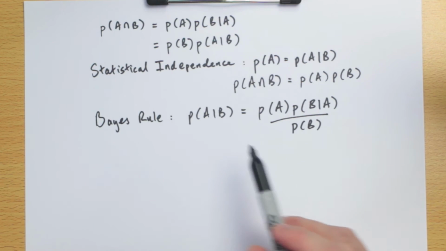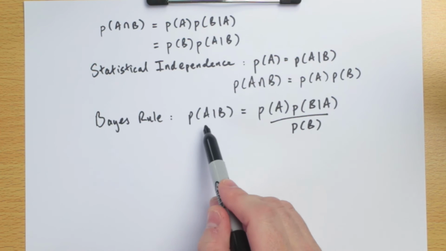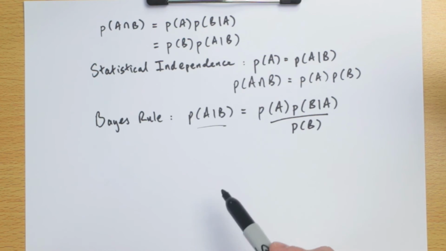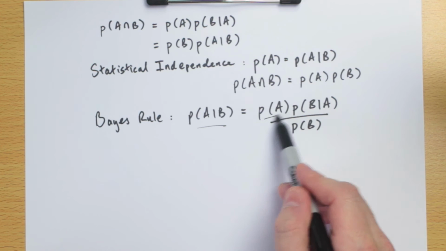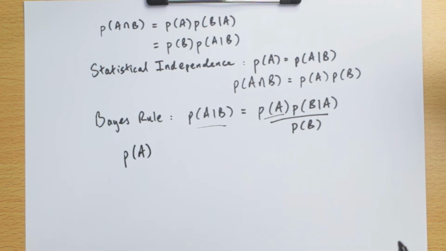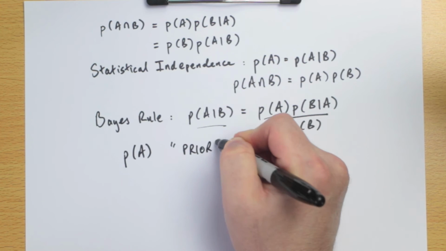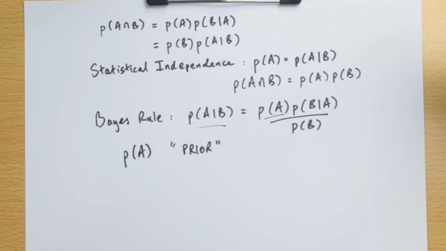Okay, so why is this important? Well, it establishes a connection between beliefs after we receive information and before we receive information. Sometimes the probability of A, just expressed as an unconditional probability, is called a prior. So it's my prior belief, prior to receiving any new information, my belief quantifying the likelihood that event A will happen is given by the number P(A).